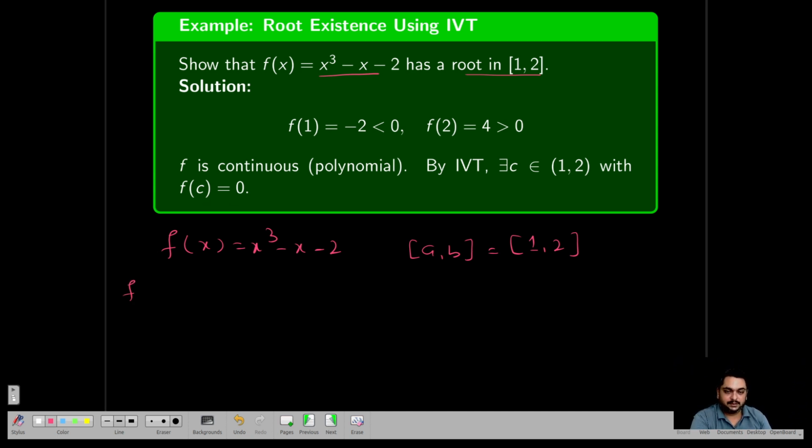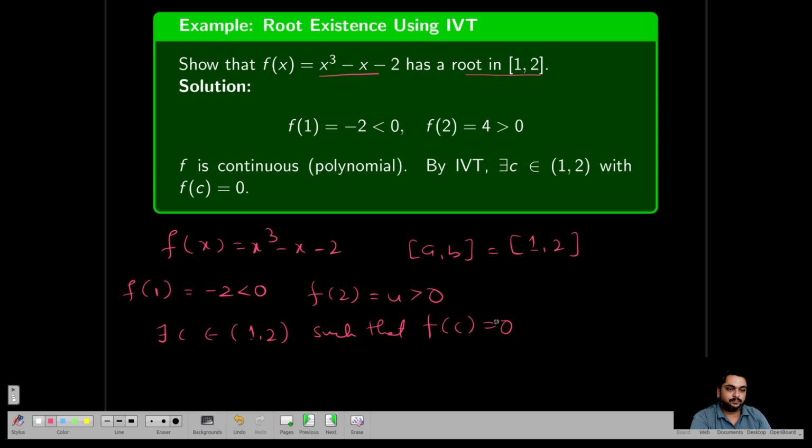So f of 1 is equal to minus 2, less than 0. f of 2 is equal to 4, that is greater than 0. So there exists c that belongs to 1 comma 2 such that f of c is equal to 0.